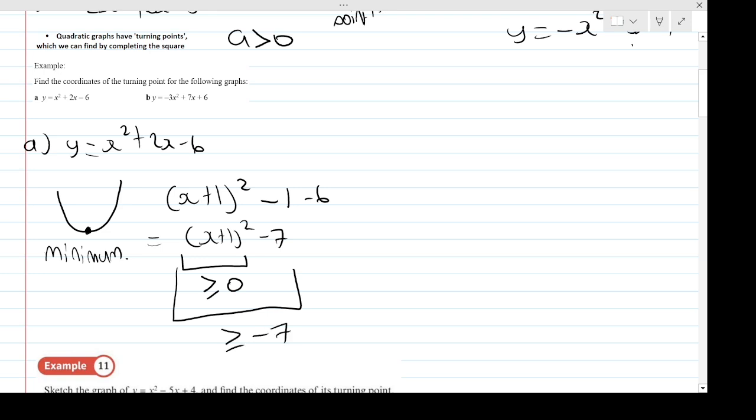And so then the minimum value. What this is saying is it could be anything bigger than minus 7, but it cannot be less than minus 7, because we have a square bracket here and it cannot be below 0. So therefore the whole expression cannot be less than minus 7. Therefore, minus 7 is actually the minimum value. Okay.